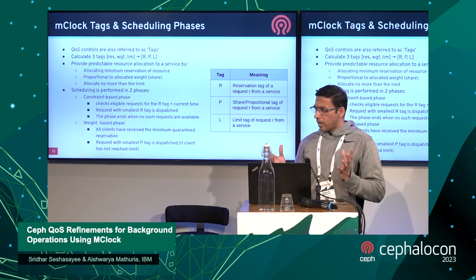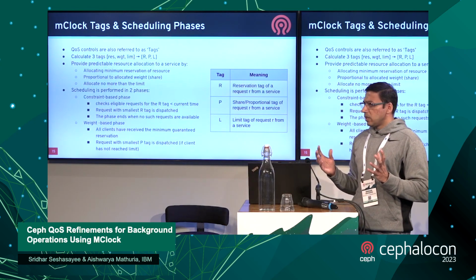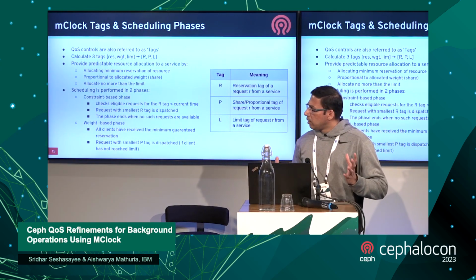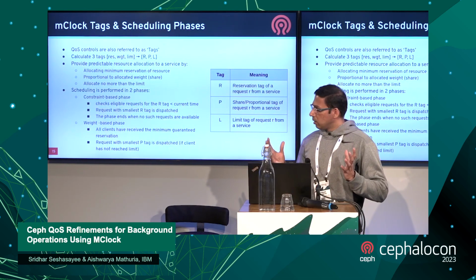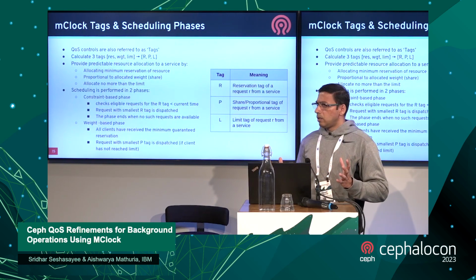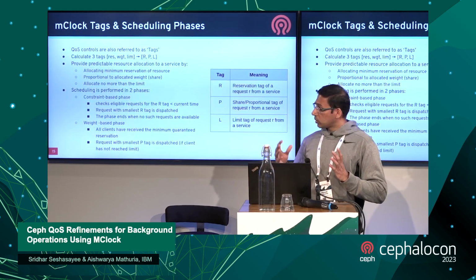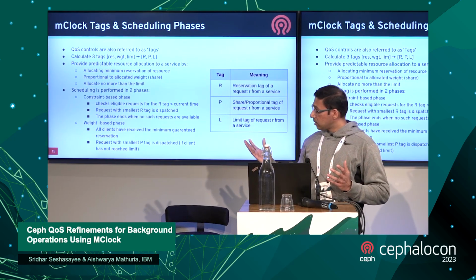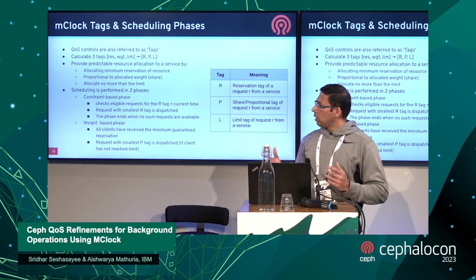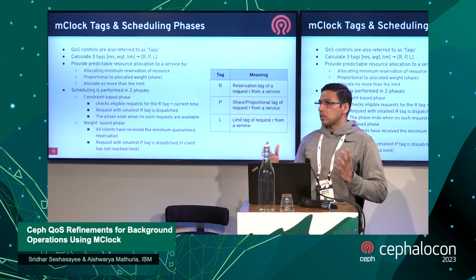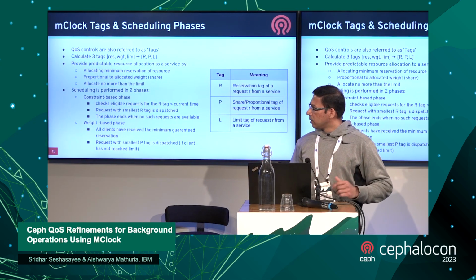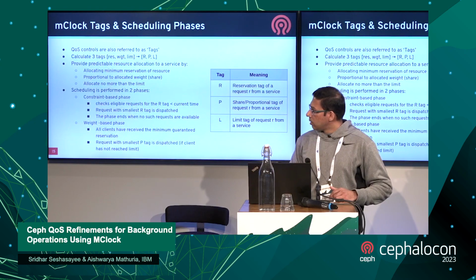The basic principle behind this is that the algorithm allocates the minimum reservation meant for that specific resource, and that reservation should be proportional to the share that is set for that specific service, and the allocation shouldn't cross the limit that is specified as part of the profile.